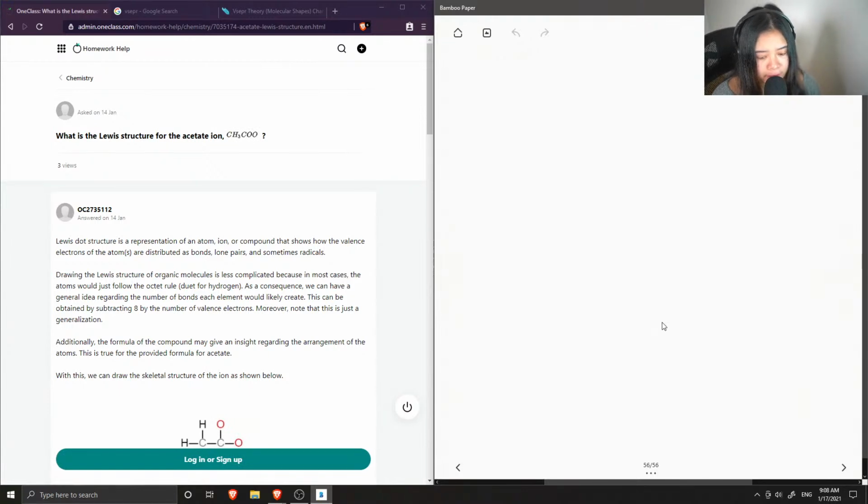Okay, so question number 4. What is the Lewis structure for the acetate ion? So it doesn't really show in the question, but the acetate ion has a -1 charge.